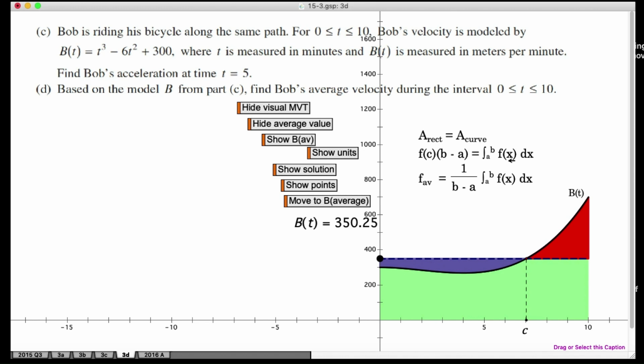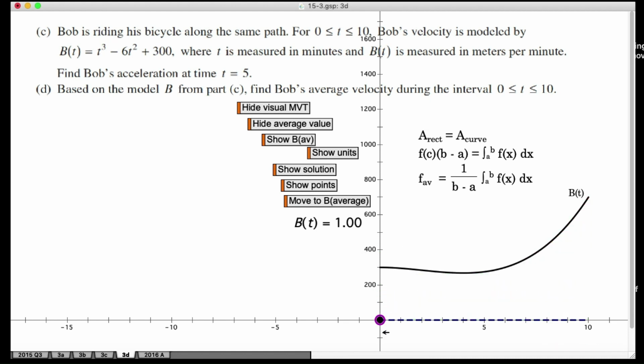Now I'm just using general terms: f is just some general function, okay? If I divide both sides by b minus a, this f of c is the same as f average.